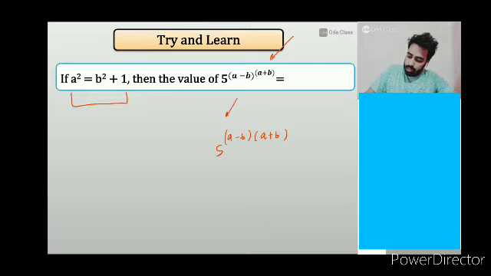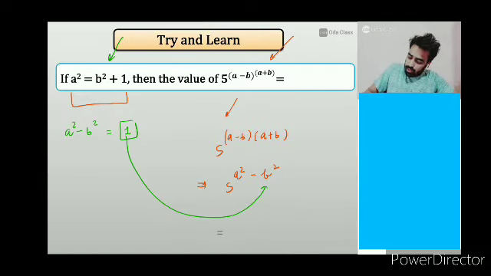When I further simplify, I get 5 power a square minus b square. But from where am I going to get a square minus b square? Here, because a square is equal to b square plus 1. A square minus b square value is 1. This value you substitute here, I'll get 5 power 1, that is 5.